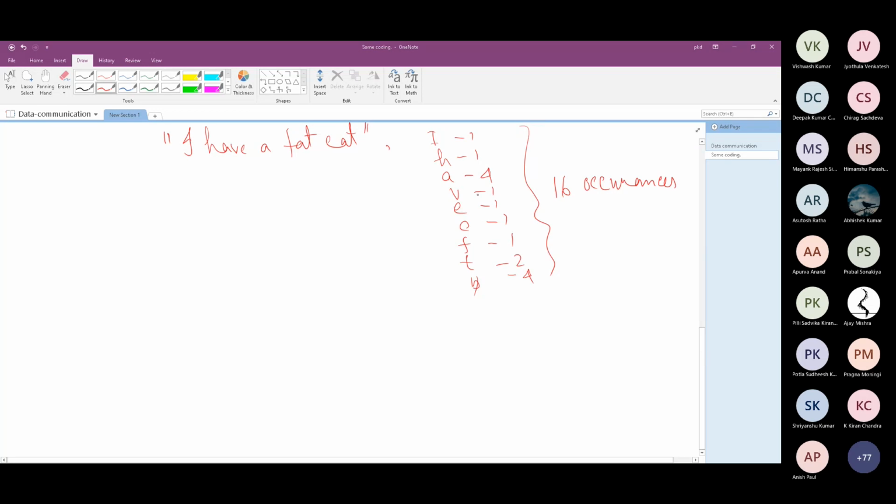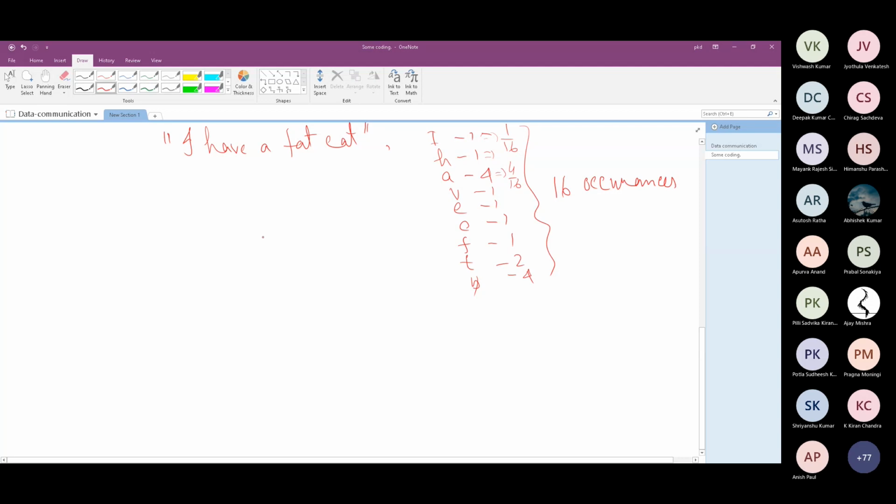Now we can quantify this by computing the probability of occurrence of each of these symbols. So what would be the probability of occurrence of this? This will be 1 by 16. This is 1 by 16. This is 4 by 16. Like that we can compute the probability of the occurrences as well.